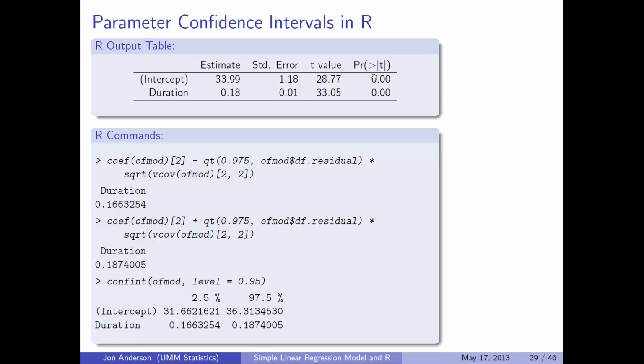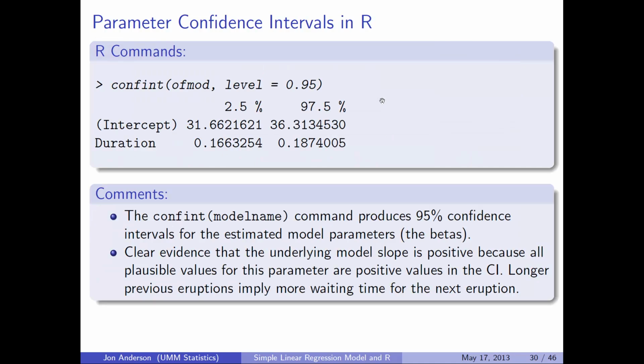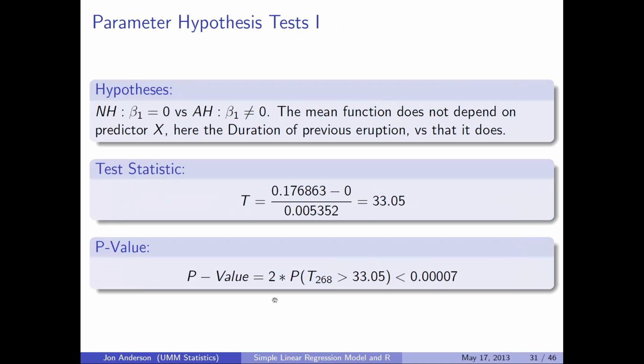The next column tells us about the p-value. And how do we get that? Well, we need to find the probability that we could observe a t-statistic more extreme than 33.05. And that would be the chance of a t-value being bigger than 33.05 or less than negative 33.05.